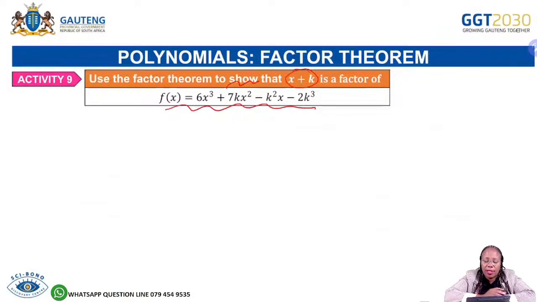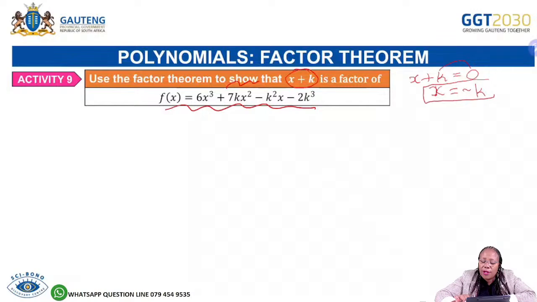Remember? Okay, now let's check. Same method. We take x plus k and equate it to 0, so x will be minus k. Wherever we have an x, we are going to substitute a minus k.